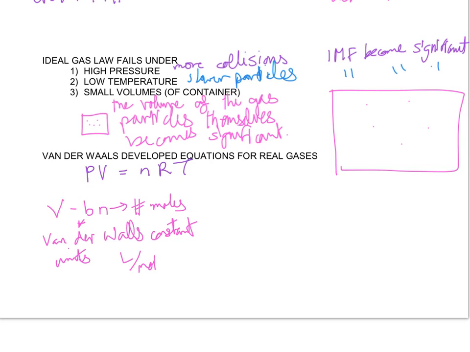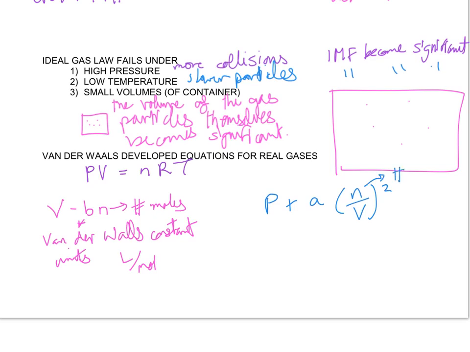Let's look at the pressure. So because gas particles do have intermolecular forces, we've got to make up for that for the pressure. So instead of just P in PV equals nRT, we use P plus A times N over V squared. So P is your normal pressure that you would read.